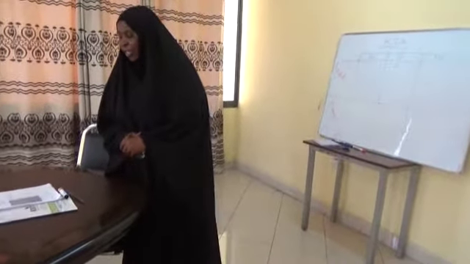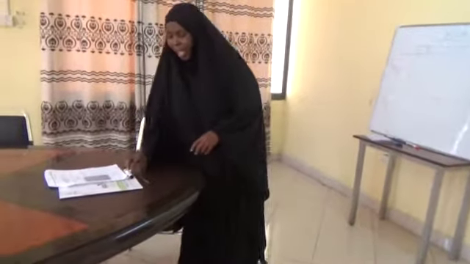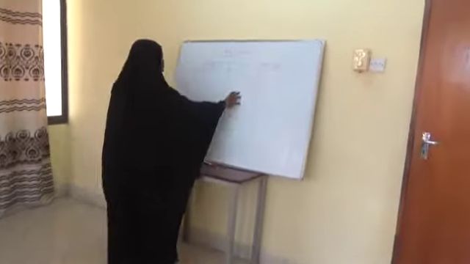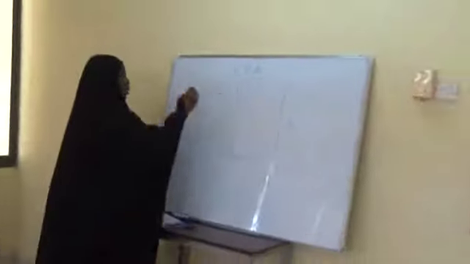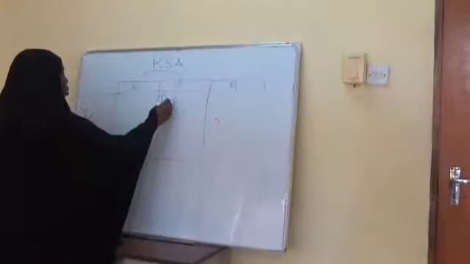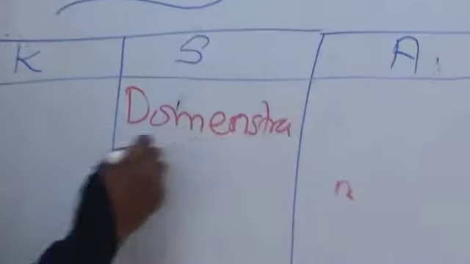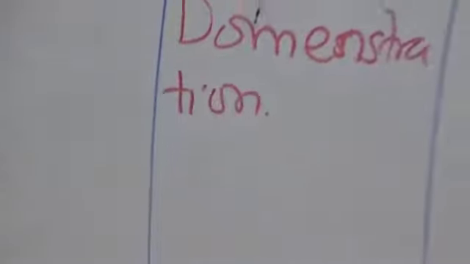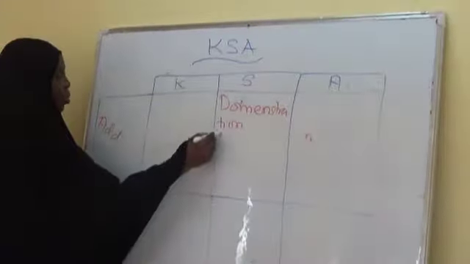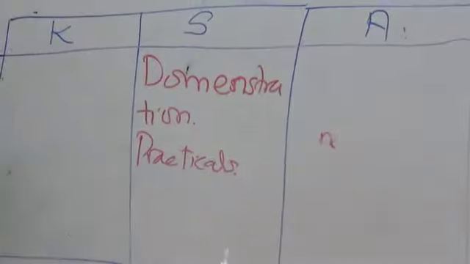So in case of skills, how to do, means here you have to add much on demonstration. Here, demonstration. In skills, while you are teaching, you have to use a demonstration or practicals or whatever.